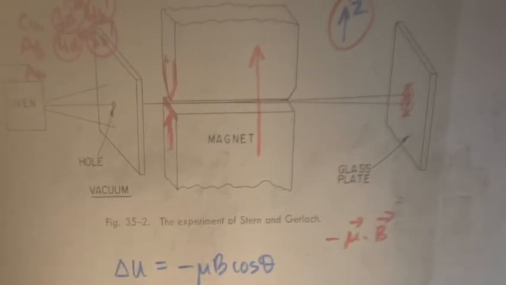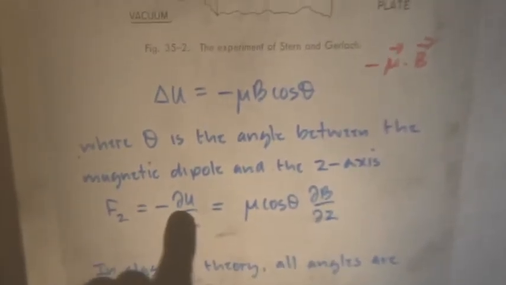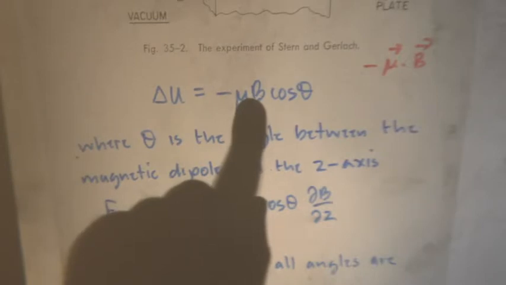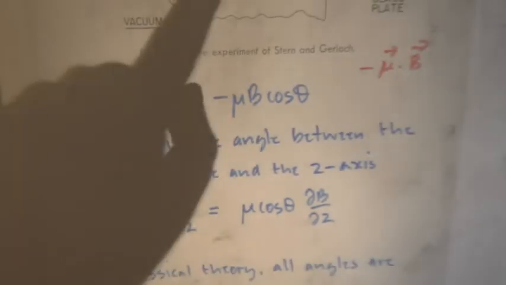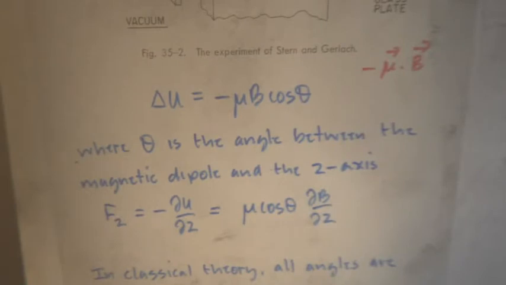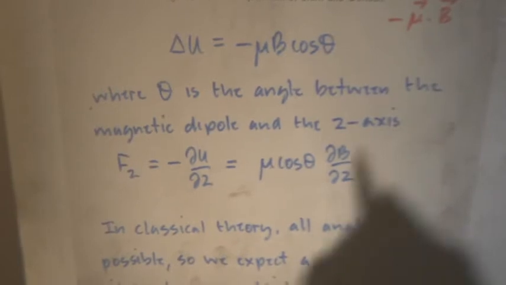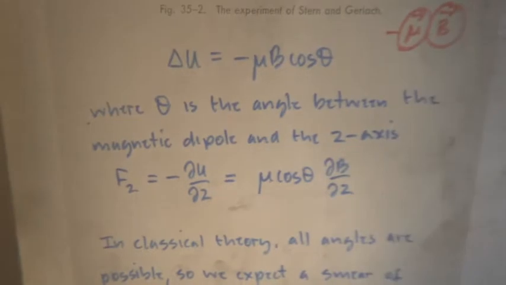Well, clearly the force is just minus dU by dz, and differentiating with respect to z, the only thing that depends on z is the field, so we've got a dB by dz. This is why it's important that it's an inhomogeneous field, because there has to be a variation of B with respect to z in order to get this deflection. But the classical theory now is definitely wrong, because, well, why should this have any particular orientation with respect to the magnetic field?